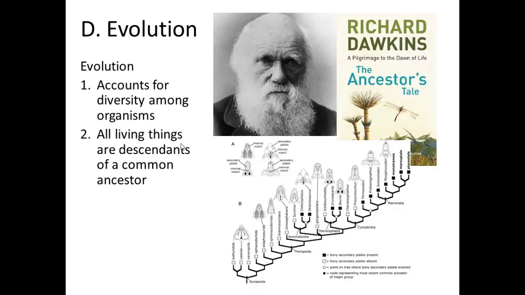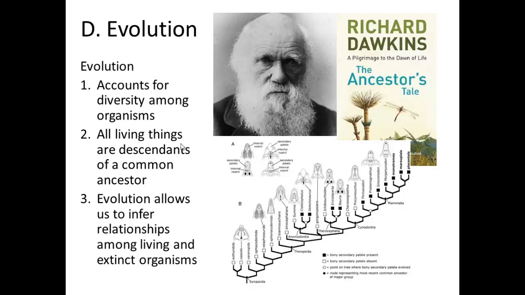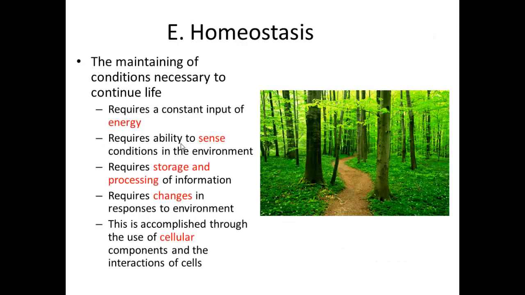It accounts for the diversity among organisms, so why we have so many different types. One of the fundamental things of it is that all living things are descendants from a common ancestor. And what evolution allows us to do is to infer relationships among living and extinct organisms and answer questions like why species have certain anatomical proportions compared to others.